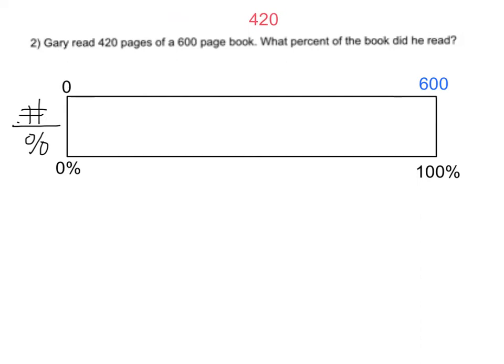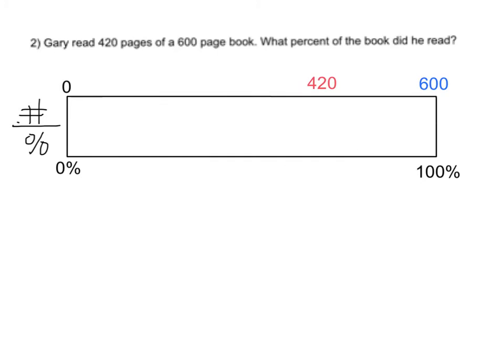Now, when we're making our diagram, we want to try to see about where this is going to go. Since we know that half or 50% of 600, which would go right about here, is 300, we know that 240 is less than that, so we can just have our 240 be around before 50%.